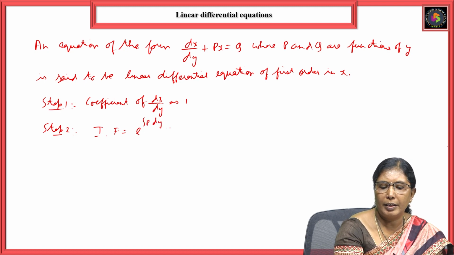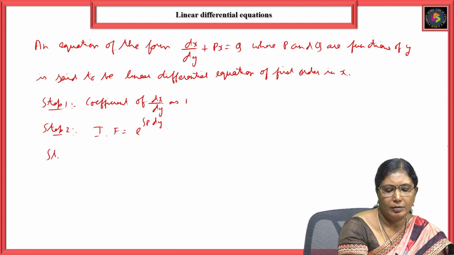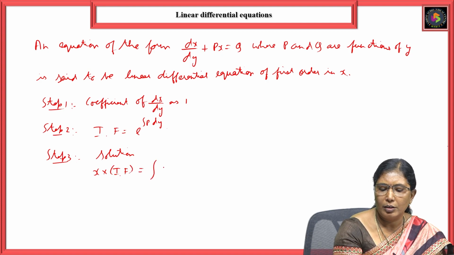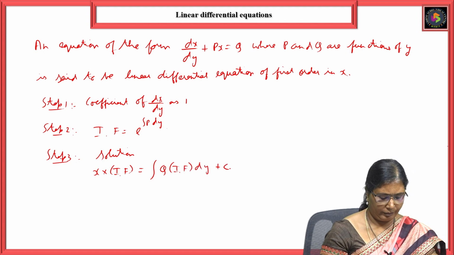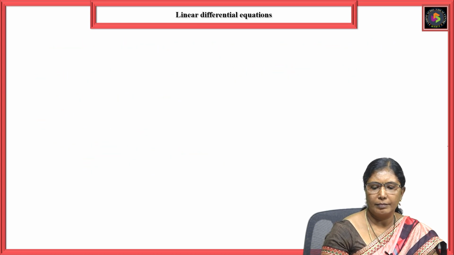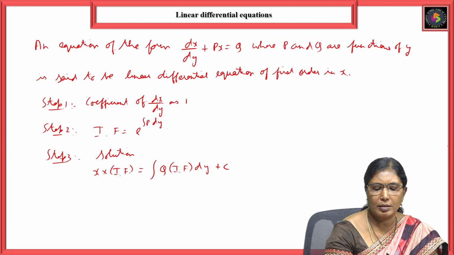Step 3, we have to find the solution. The solution is x into integrating factor is equal to integration q into integrating factor dy plus c. So this is the solution.